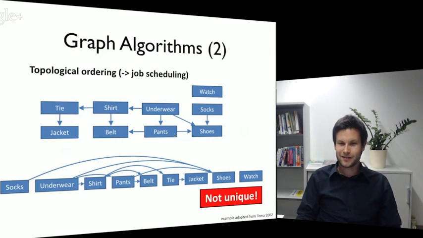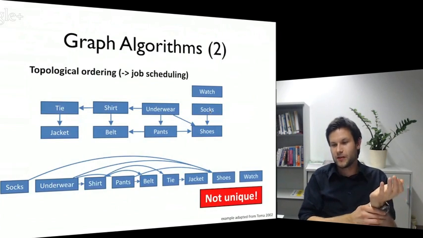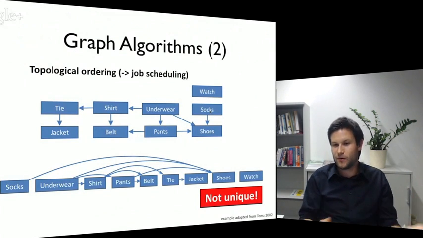Or at least it will be hard sometimes. And if you try to bring this into an order, this is called topological ordering. And this is not unique. We could start with the socks, but we could also start with putting on the watch, because it does not have a relationship to anything else. It doesn't matter when I put on my watch.